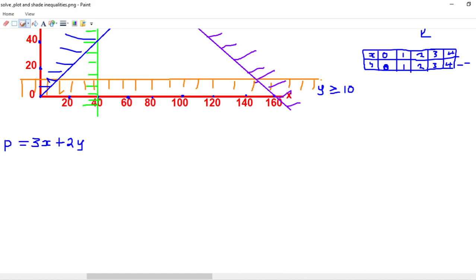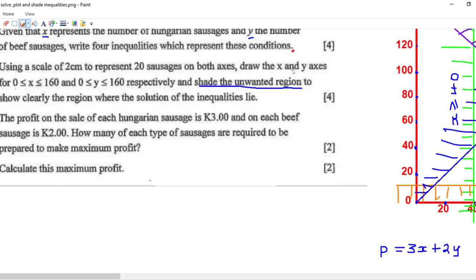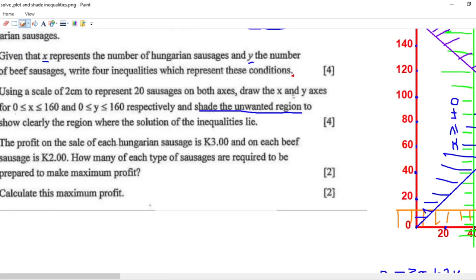Now let's finish the question, we didn't finish reading it. If that's the profit we make on selling each Hungarian sausage, 3 kwacha, and on each beef sausage, 2 kwacha, how many of each type of sausage are required to be prepared to make the maximum profit?